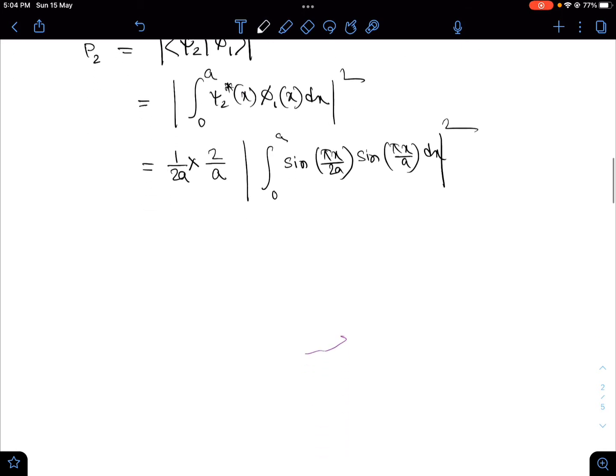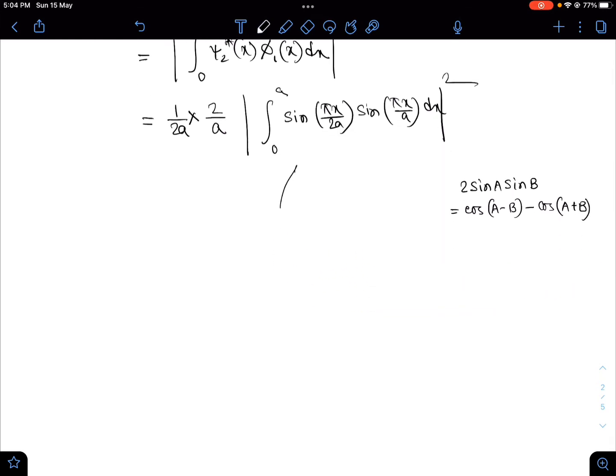So let us do this. This is again straightforward, like the formula that we have used before. So using this we can write that as half 0 to a cos pi x by 2a minus cos 3 pi x by 2a.